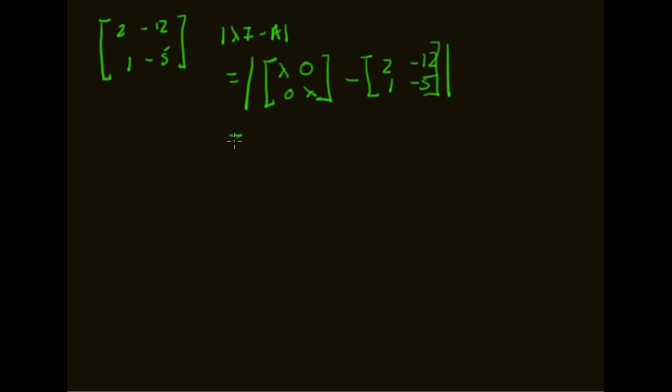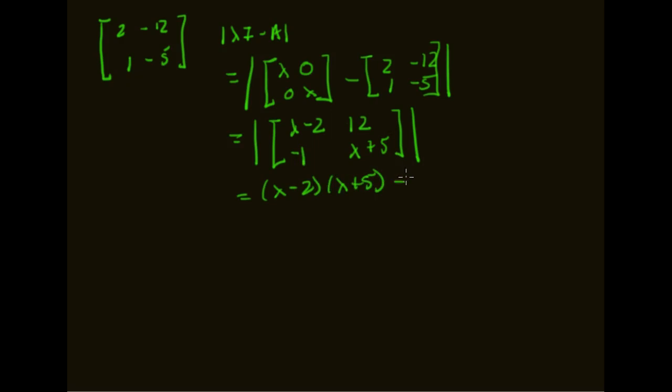So this is the determinant of lambda minus 2, plus 12, minus 1, lambda plus 5. Determinant here says multiply these, which is lambda minus 2 times lambda plus 5, minus, this is going to be plus 12. So that's lambda squared plus 3 lambda minus 10 plus 12, which is lambda squared plus 3 lambda plus 2.